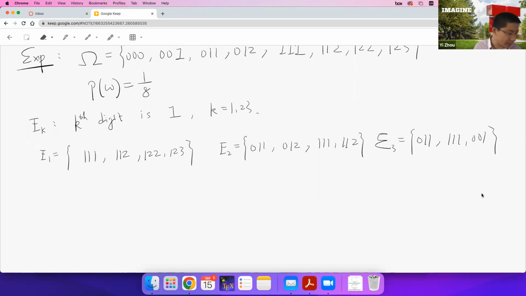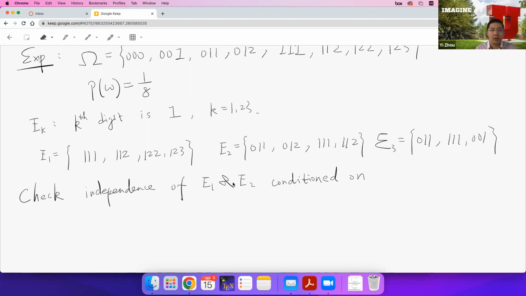Again, we have three events, and the question is to check the independence of E1 and E3 conditioned on E2. We want to check if E1 and E3 are conditionally independent given E2.